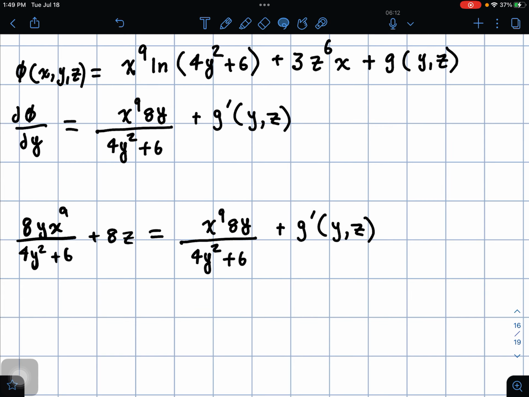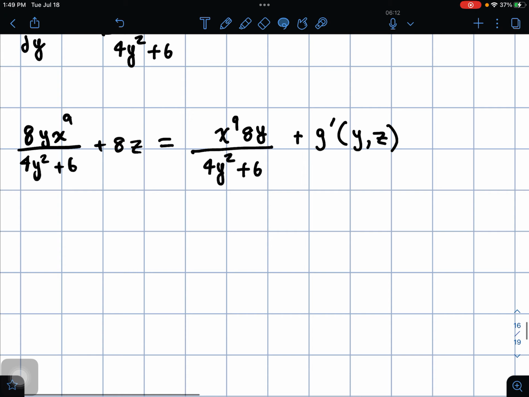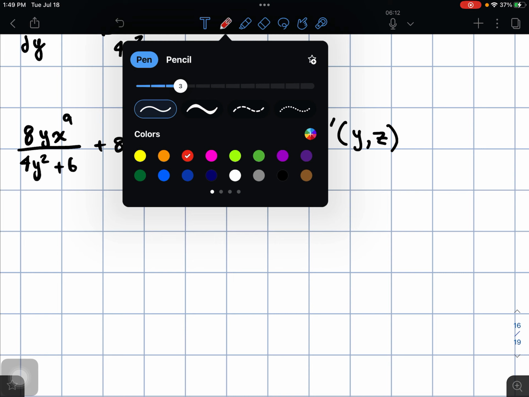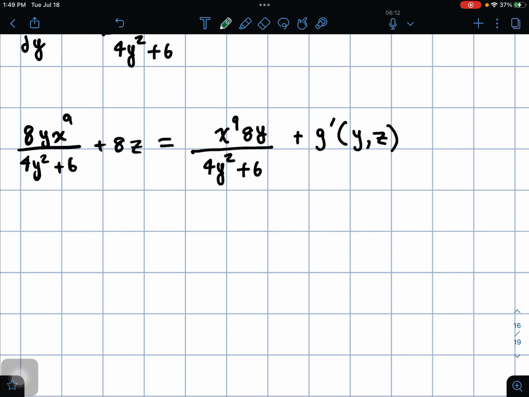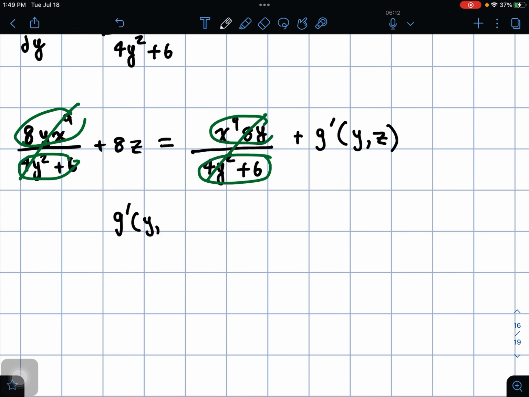We can see that this thing right here and this thing are the same. This thing right here and this thing are the same. So we cross that out, and we get that g prime at y comma z is equal to 8z.